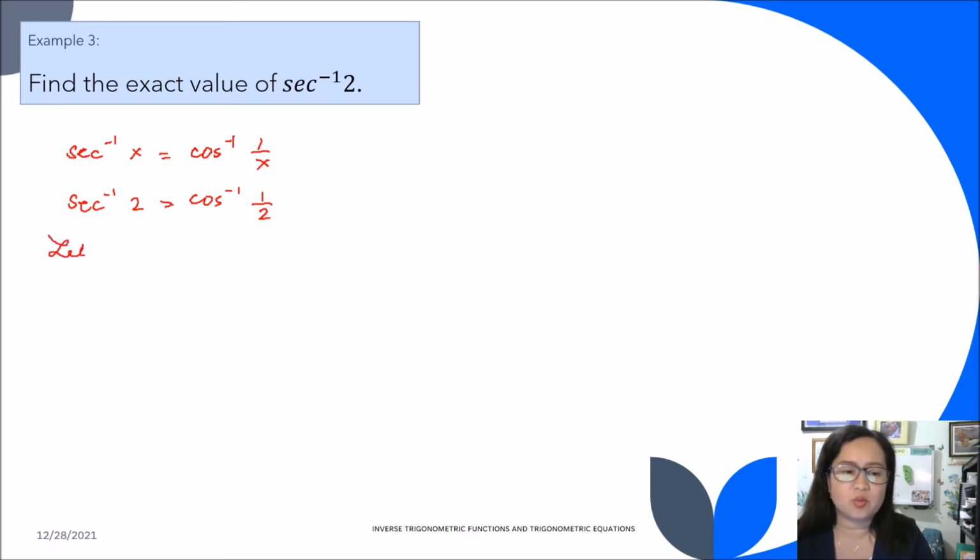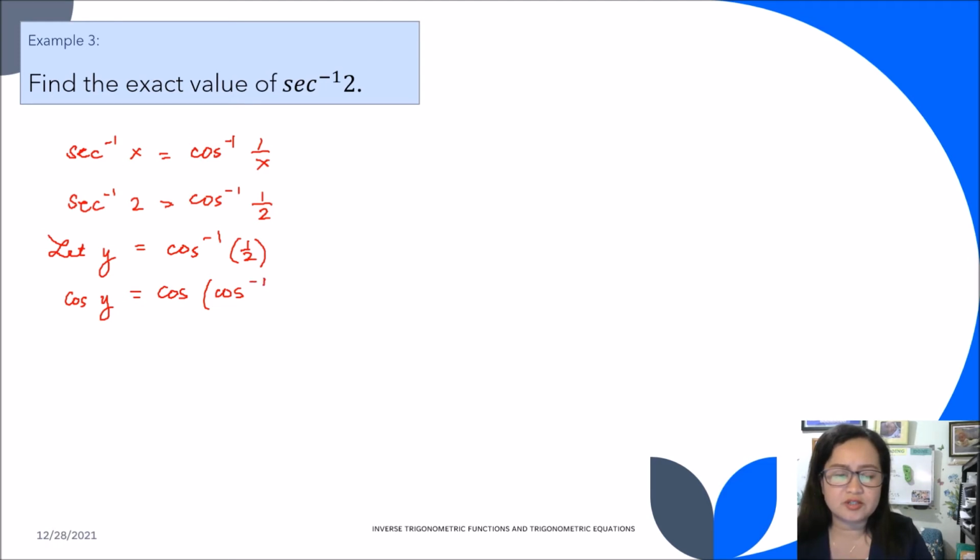Now we let y be equal to that angle having a cosine ratio of 1/2. Getting the cosine ratio on both sides, we will have cosine y equal to 1/2.